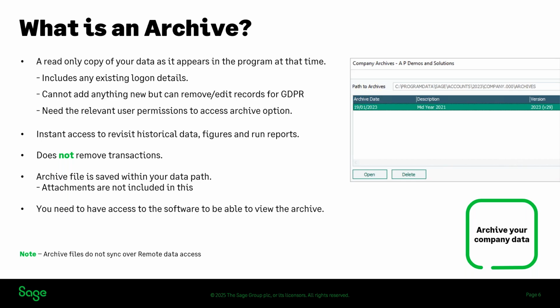Now you cannot add anything new, and the only elements you can edit or remove is records for GDPR purposes. So for example, your customers or your suppliers. It allows you to revisit historical data, view figures, run reports as well. Please note, anything that you do change in the archive does not update in the live data, and vice versa. So anything you change in the live does not update in the archive.